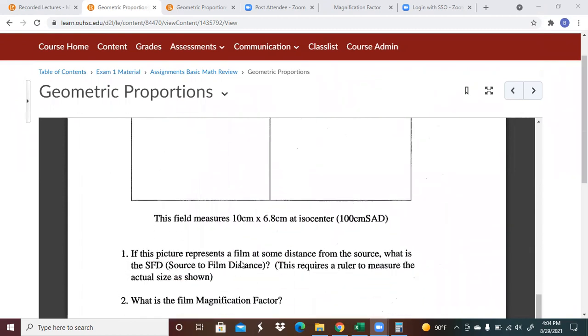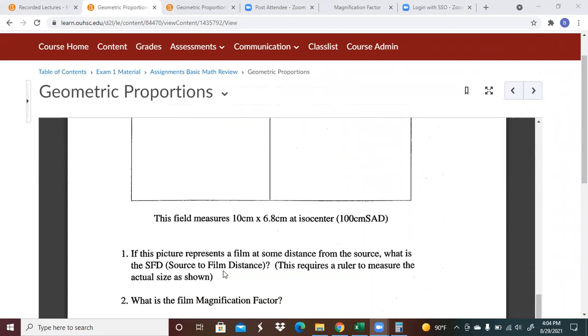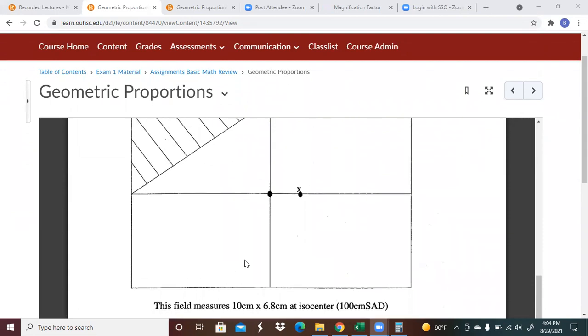However, this picture represents a film at some distance from the source. So what is the source to film distance? It requires a ruler to measure the actual size as shown. What you're going to need to do is print this out, and then find a ruler in centimeters that measures from here to here.